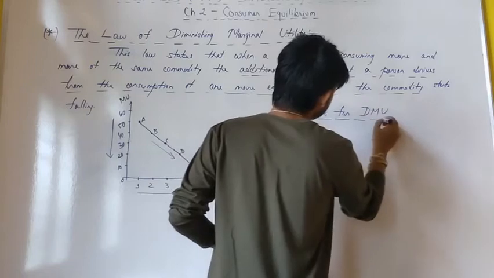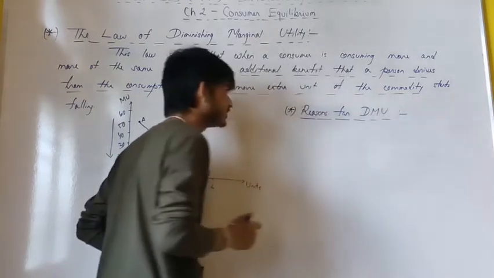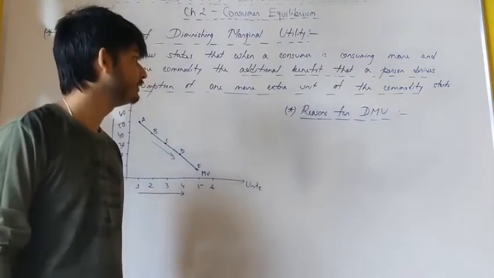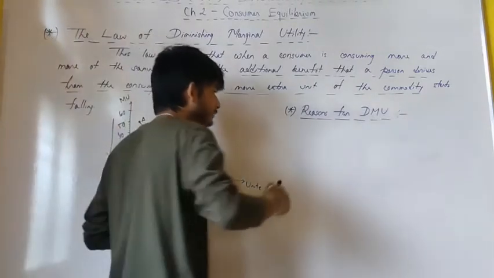Reasons for DMU. DMU means diminishing marginal utility. I am just writing in short. Reasons for operation of diminishing marginal utility.